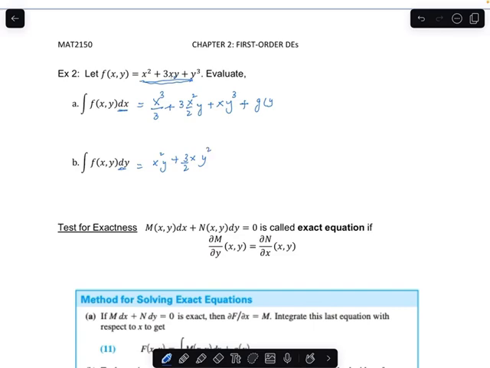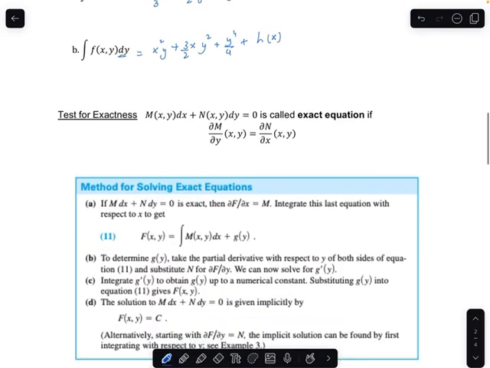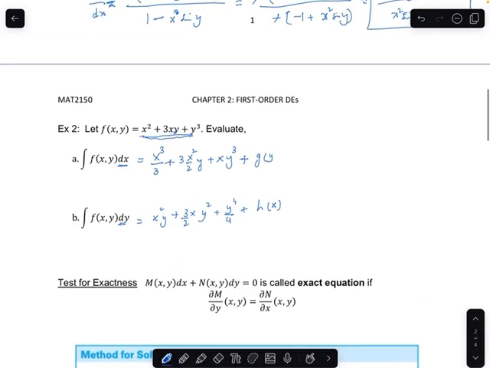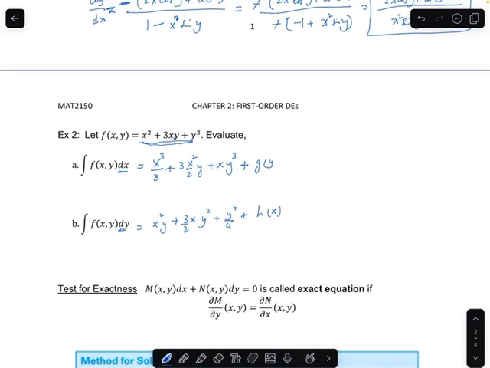So 3 over 2 x y squared, and then plus y to the 4 over 4 plus h of x. So now we give a new name and it will be a function of x. Okay, the rest I will do in the next video.